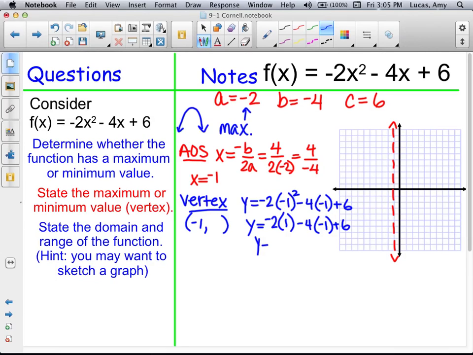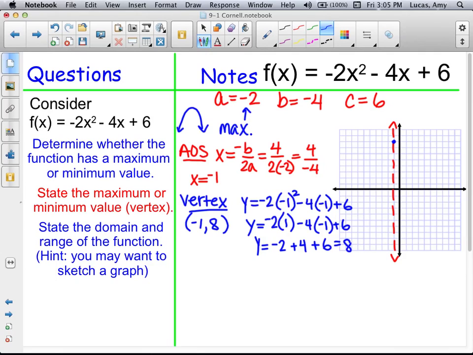Now I can multiply to get negative 2 and positive 4. And then I can add or subtract. So my y coordinate of my vertex is 8. So my vertex is negative 1, 8, which is right here. Remember, the vertex is the only point that is on our axis of symmetry.